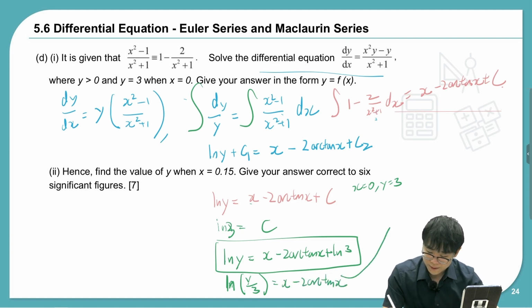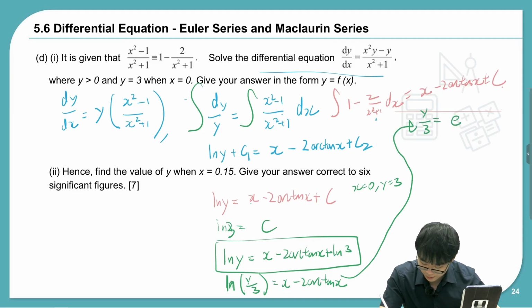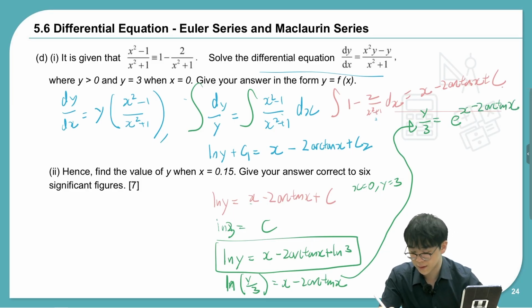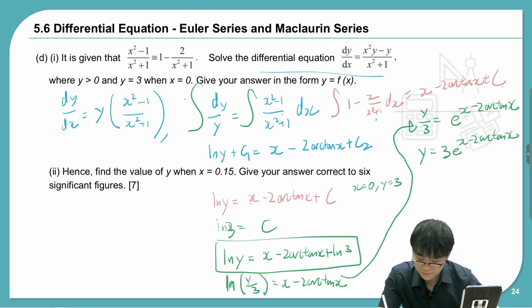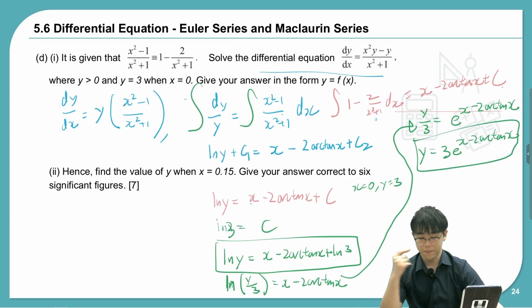And then one final simplification would give us y over 3 is equal to e to the power of x minus 2 arc tangent x. And y would therefore be 3 times e to the power of x minus 2 arc tangent x. Okay, simple as that.